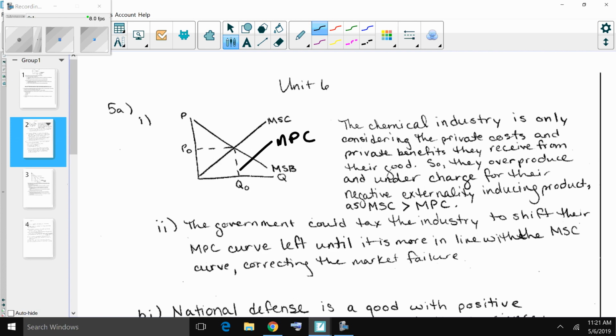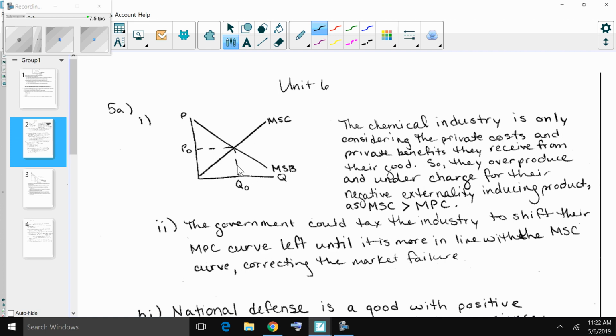So they would be producing Q1, P1, all right? They'd be producing right there. So that means that they are undercharging and overproducing. The government could tax this industry to shift their curve to the left. That way it would be more in line with the MSC curve to correct this market failure. That's what they are looking for from you.